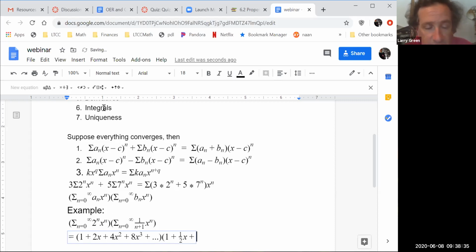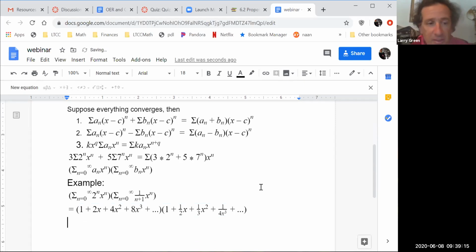If n is 2, you get 1/3 x squared. If n is 3, you get 1/4 x cubed. And I'm going to write plus dot dot dot. Any questions on that?